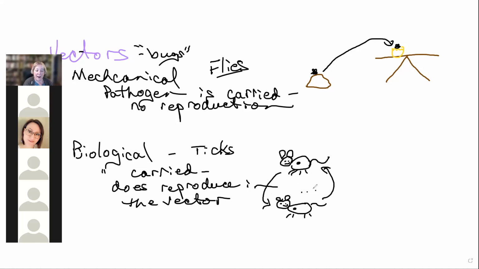Where the ticks are in between. Mice would be considered the reservoir, and the ticks would be considered the vector. So indirect. Now the problem occurs where you have the person coming along, the tick nymph comes over here, lands on the person, bites them, and passes Lyme disease-causing bacteria into the person.